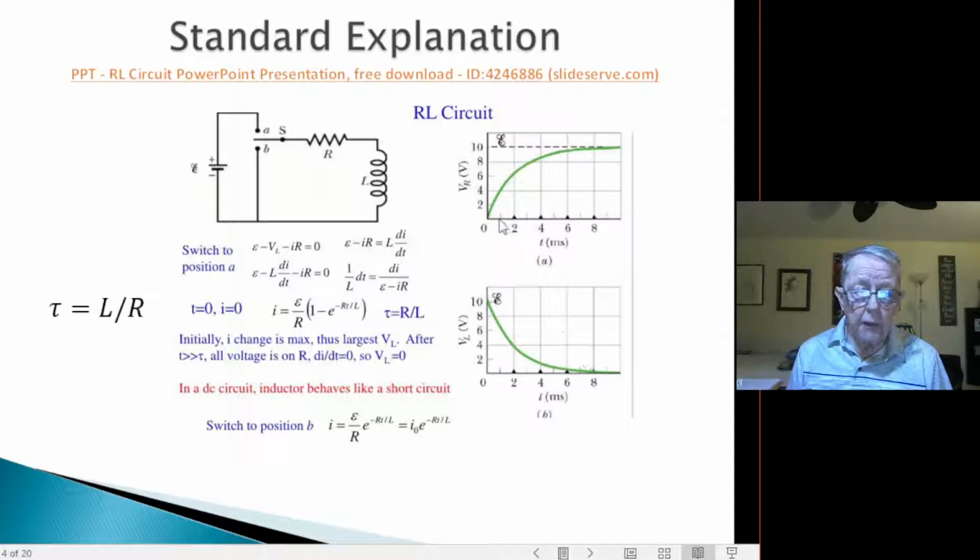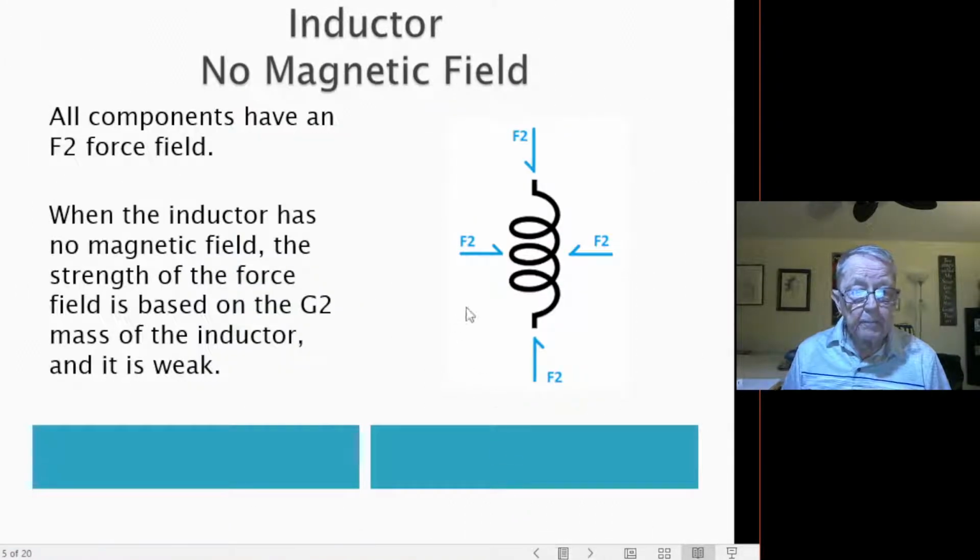At the same time, the voltage across the resistor goes up and up, such that when you add this point to this point, you get 10 volts. You have to have a constant. If this adds 10 volts, this has got to drop 10 volts. This is the standard one, and they use equations to explain it.